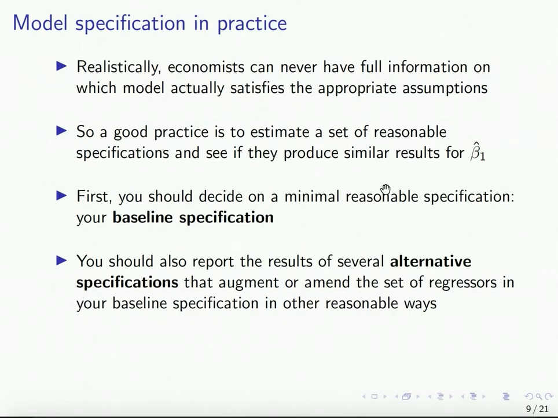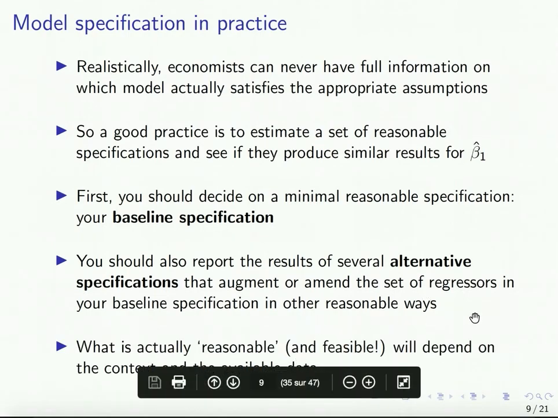But then you can start listing other control variables that may or may not be needed for you to achieve the conditional mean independence, but you're going to show me that adding those controls is not changing your main results, and your main results are going to be about beta 1.